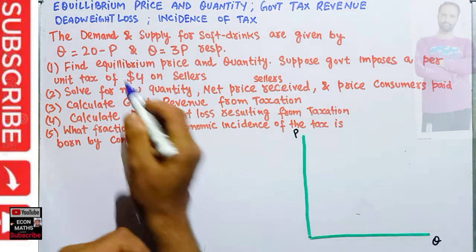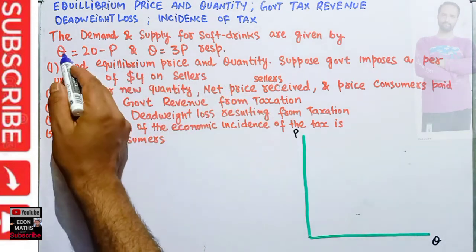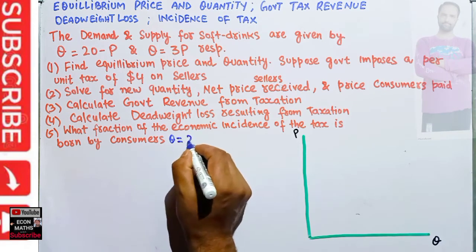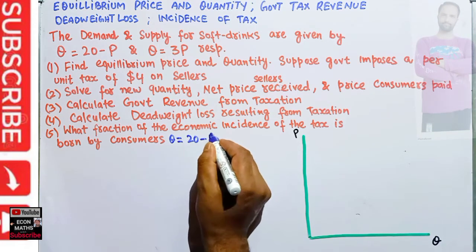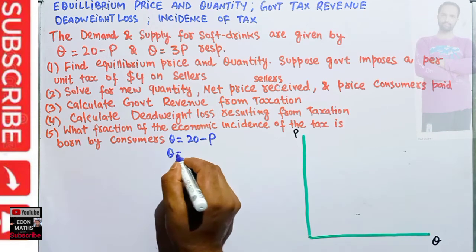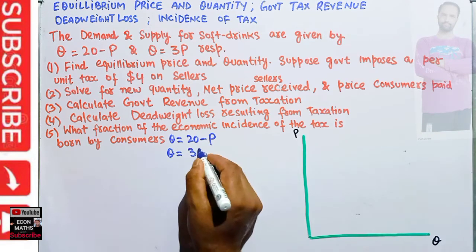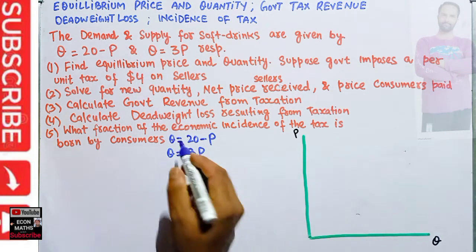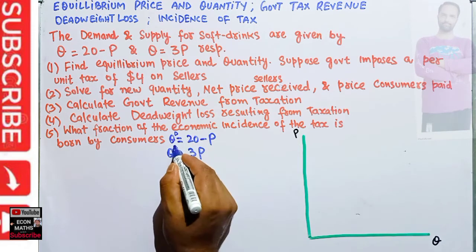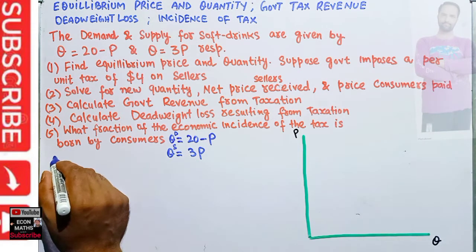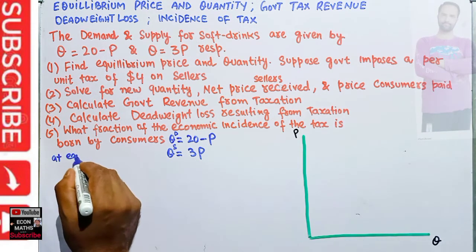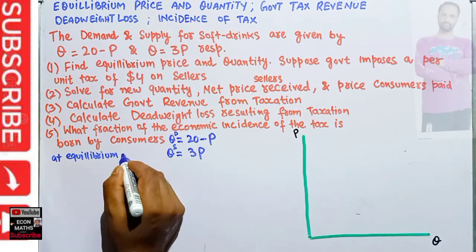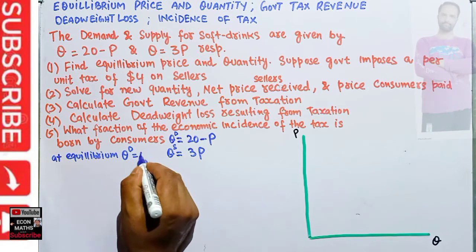We have to find the equilibrium price and quantity. So quantity demanded is given as 20 minus P, and quantity supplied is given as 3P. Now initially the equilibrium will occur where quantity demanded, let's denote it by QD and QS, are equal. So at equilibrium, quantity demanded should be equal to quantity supplied.